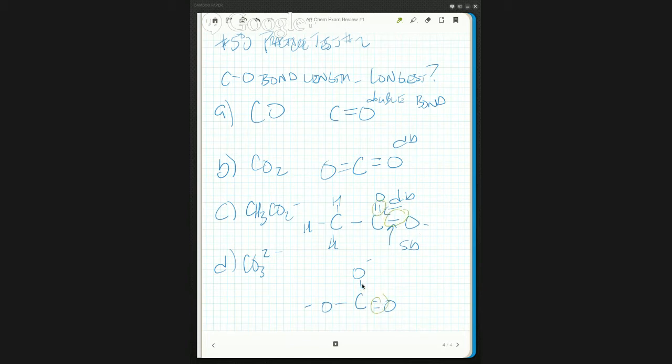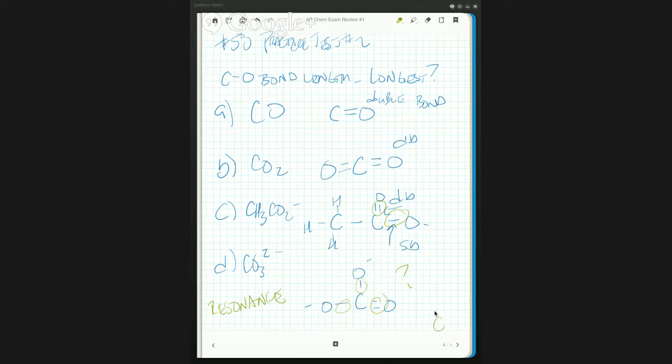You have a double bond here, a single bond and a single bond. Where are they? Where are those bonds? How do you determine where they are? Now, I hope some of you are saying, oh wait, I remember this now. There are resonance structures. So we have a resonance structure. So if there is a resonance structure, it's not in one location. It's actually in all 3 locations.